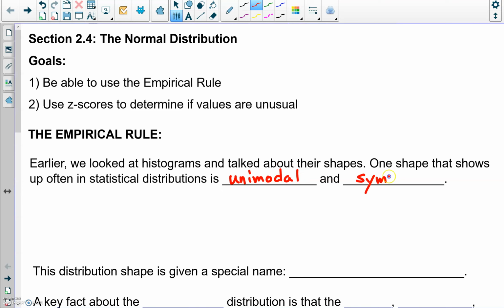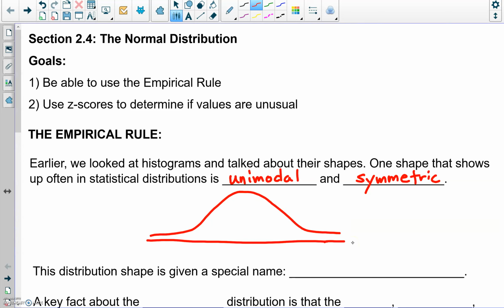And I think I mentioned this in that section, that we'd be seeing this again. And just to refresh that shape, it's something like that. This distribution shows up so much that it's given a special name, normal distribution.